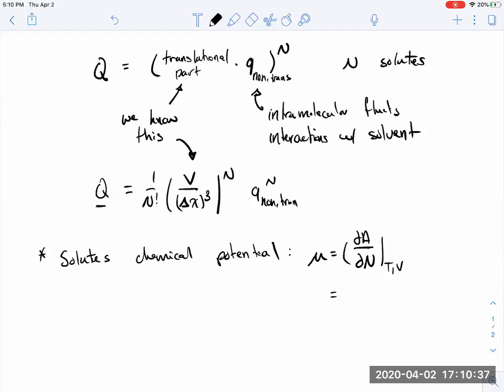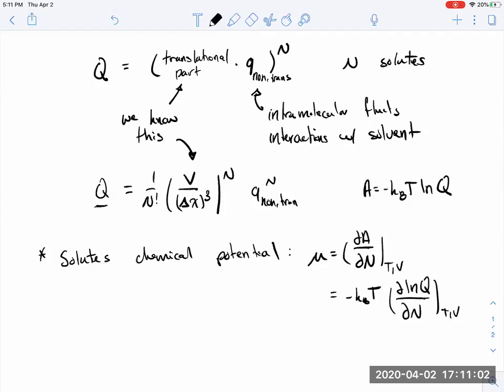If we remember, the Helmholtz free energy is equal exactly to minus kBT log of that partition function. So actually the chemical potential is minus kBT, which I can pull out of that partial derivative because T is being held constant, times the derivative of log of the partition function with respect to n.